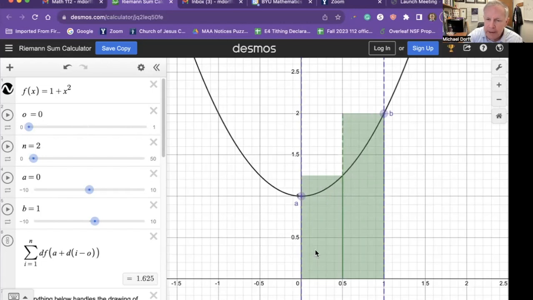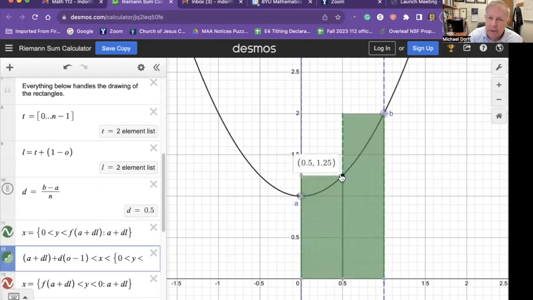My left rectangle, instead of using the left x value, I'm going to use the right x value to go all the way up to the curve. So in this case, for the left rectangle, I'm going to use the value x equals a half, and I plug that into my function 1 plus x squared, and I get this height value of 1.25. So this left rectangle now has a base of a half and a height of 1.25.